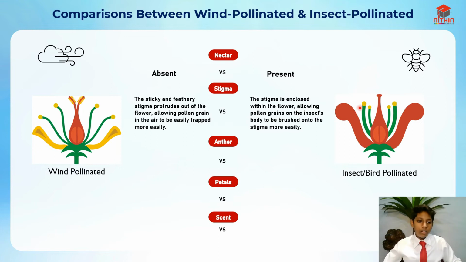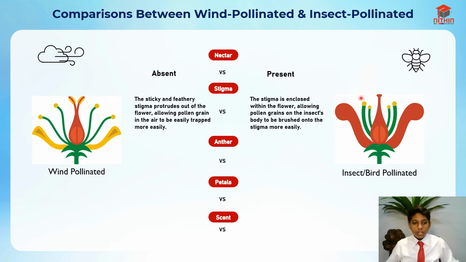That's why it's called stigma stick. So the word sticky is inside stigma. So you have to remember that. So the insect brushes against the stigma, and the pollen grains will stick onto the stigma, okay? And so it's pollinated as well.